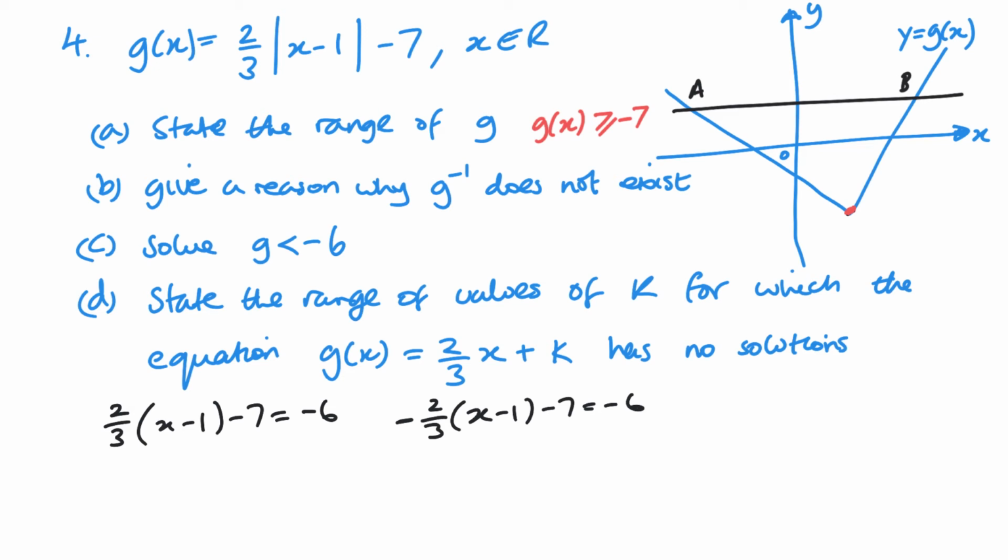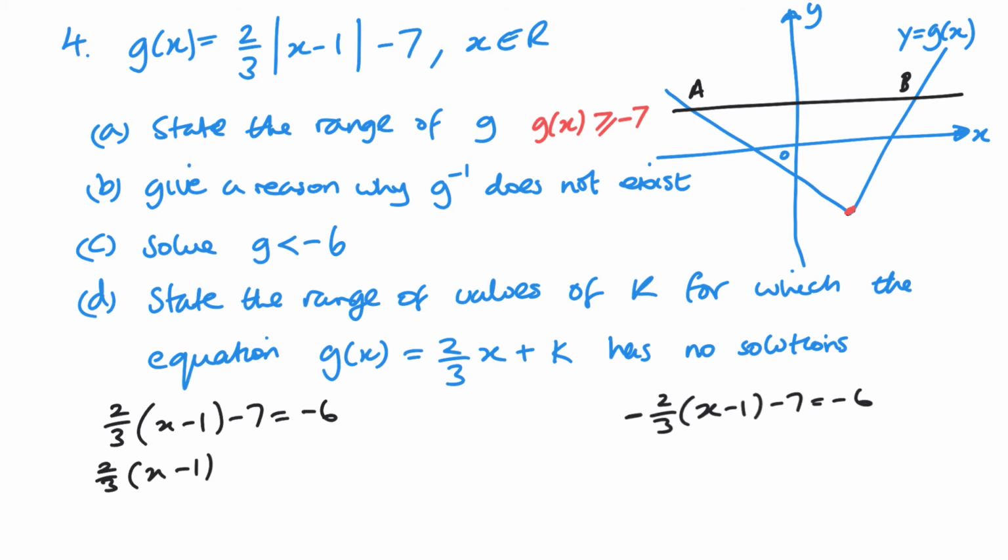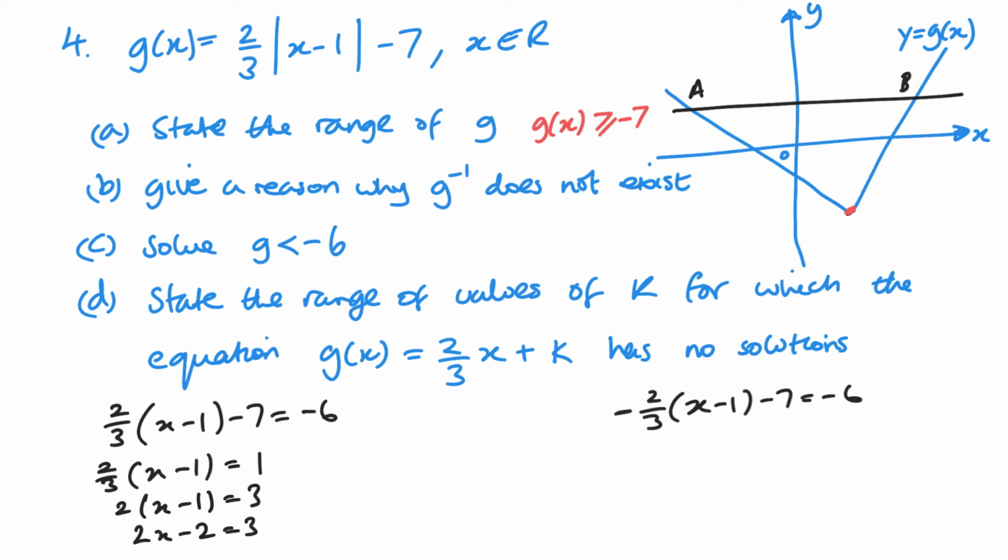So this first one here should give me b. So 2/3 x minus 1 equals, add the 7, so that's going to be 1. So let's multiply by 3. Let's expand the brackets. So we get 2x equals 5, x equals 5 over 2.